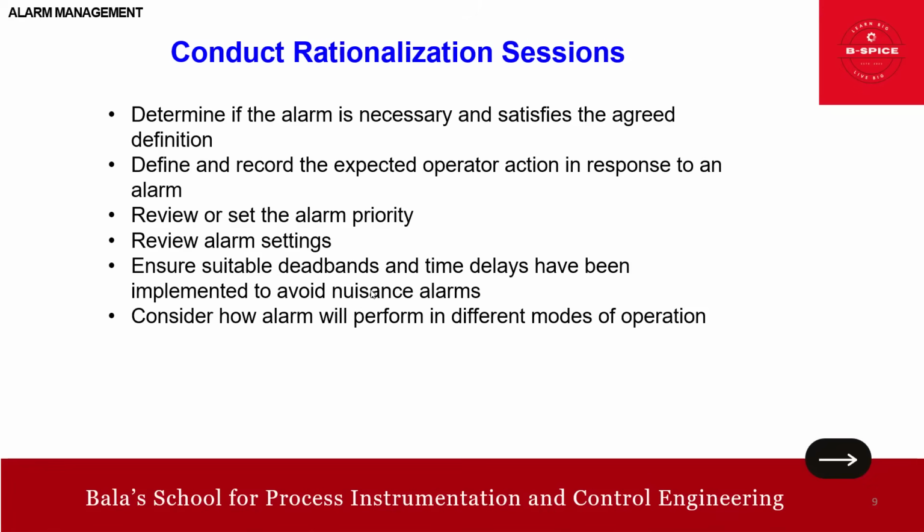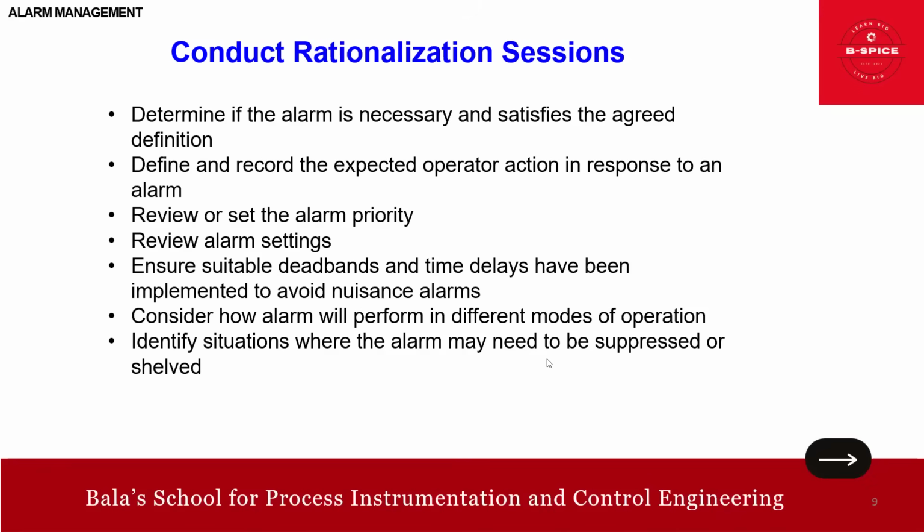So this also we had covered. And consider how the alarm will perform in different modes of operation, manual, auto, all these we had already covered. Then identify a situation where the alarm may need to be suppressed or shelved. This also we had covered. Determine whether the standard rule applies or a specific rule should be applied for the alarm.